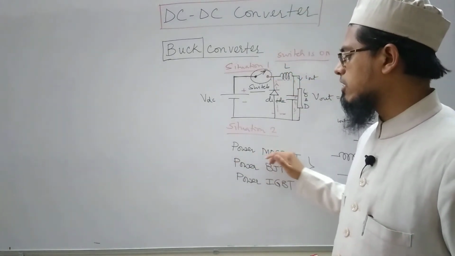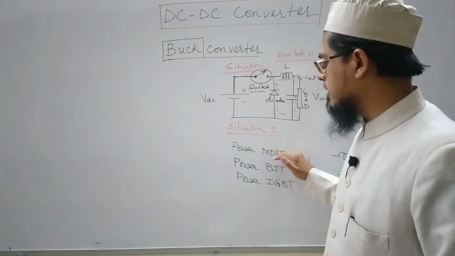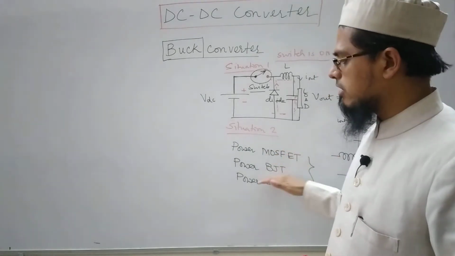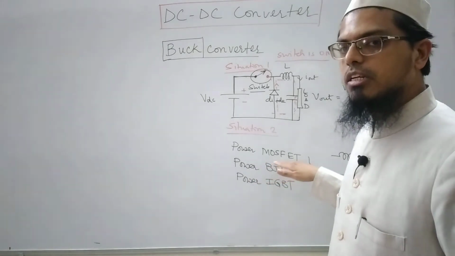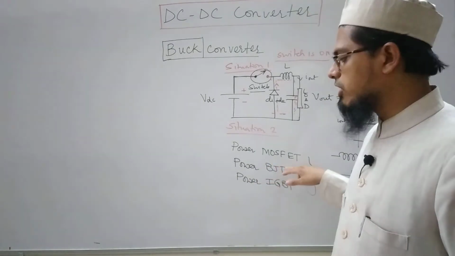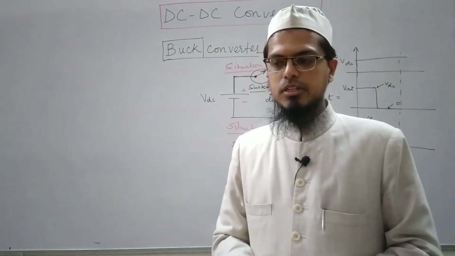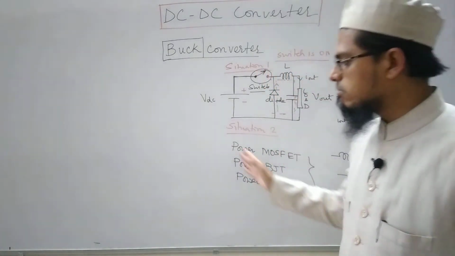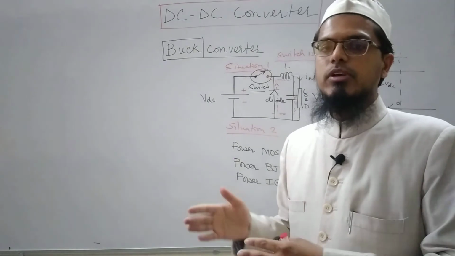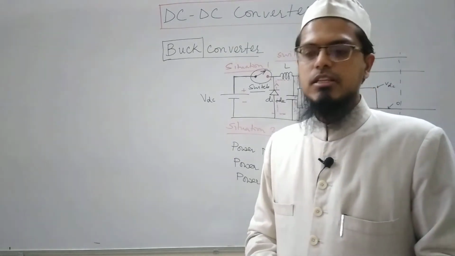MOSFET is metal oxide silicon field effect transistor. BJT is bipolar junction transistor. IGBT is insulated gate bipolar transistor. So all three are transistors, but I won't be going again into the characteristics and device physics.